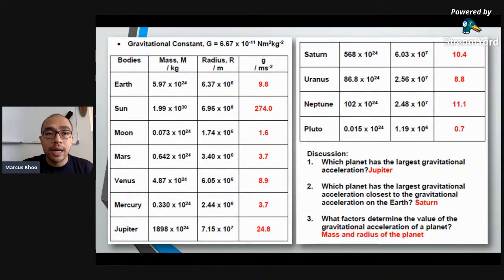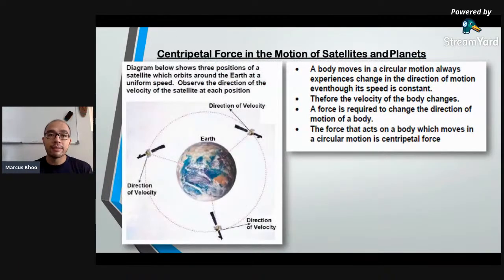Right, so today we come to the last two parts of this first subtopic, which is firstly to talk about this concept which is called the centripetal force. I repeat, the word is centripetal force. So if you notice that when we have satellites moving around the Earth, it can be satellites, it can even be our moon, it's always good to wonder how do they keep moving.